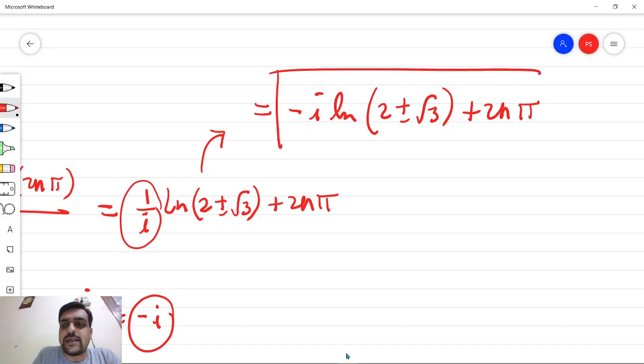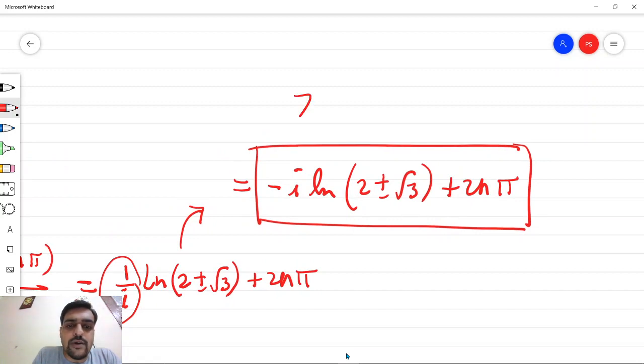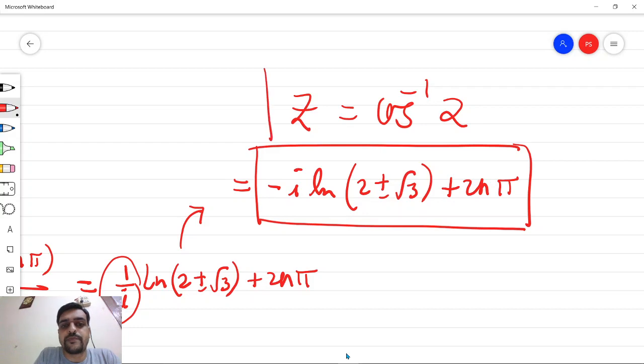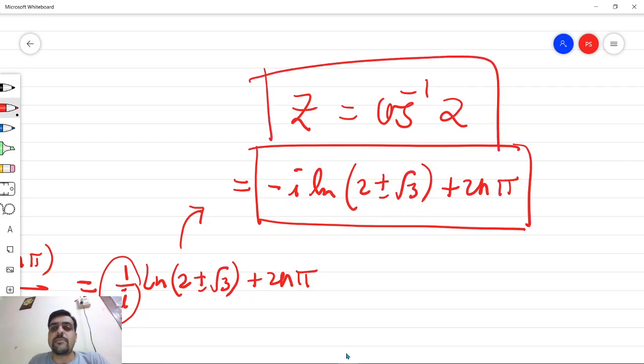This is the final required expression, which is nothing but the value of z, which was cos inverse of 2. So this was an example where we could find out a value of an inverse trigonometric function.